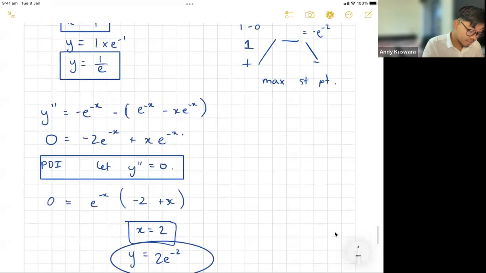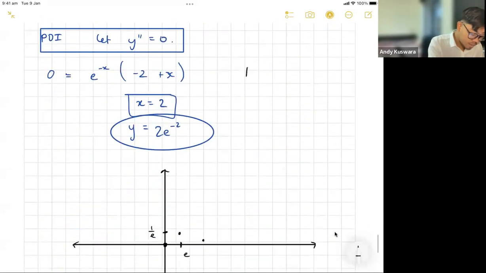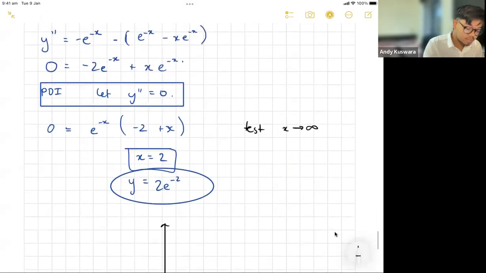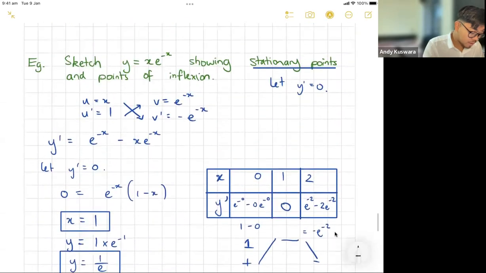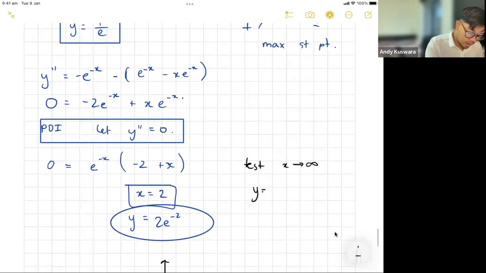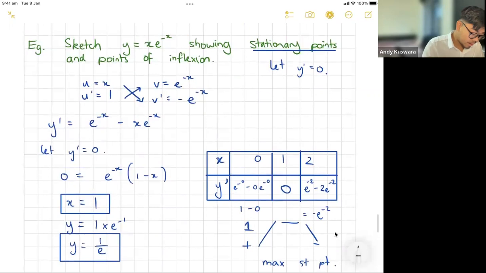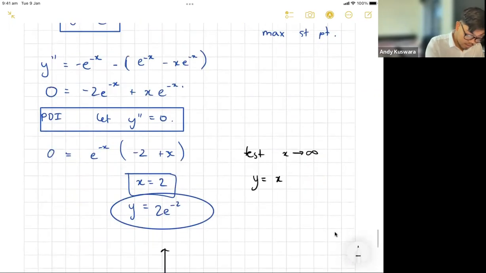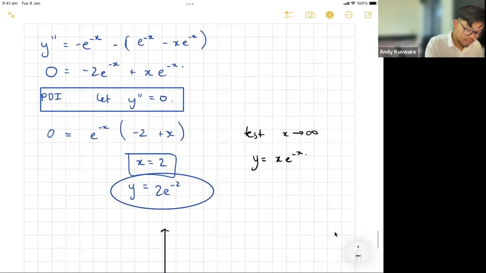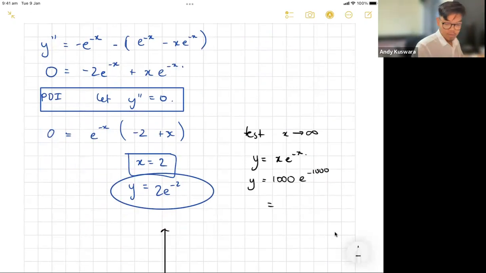But I've got a feeling that if I test as x gets really, really large, and I put it into my original, y equals x e to the negative x. So let's see what happens if I say y equals, let's say, 1,000 times e to the negative 1,000. Test and see what that gets you. It will either be a small number or a large number.